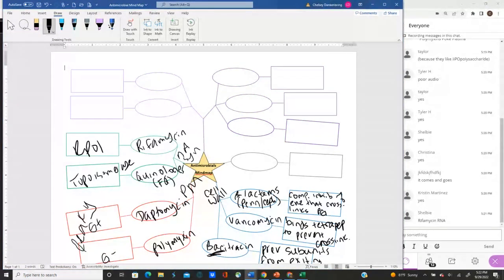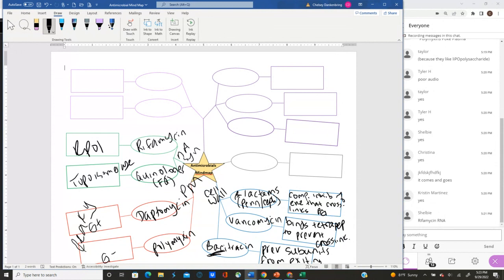When it comes to rifamycin, that's the one that starts with an R, and it's targeting RNA synthesis. Now, you might want to make a note. That's also called transcription. I'd love to bring in Unit 1 stuff when I can. So the process of making RNA is transcription. The drug is rifamycin, and it binds to RNA polymerase.